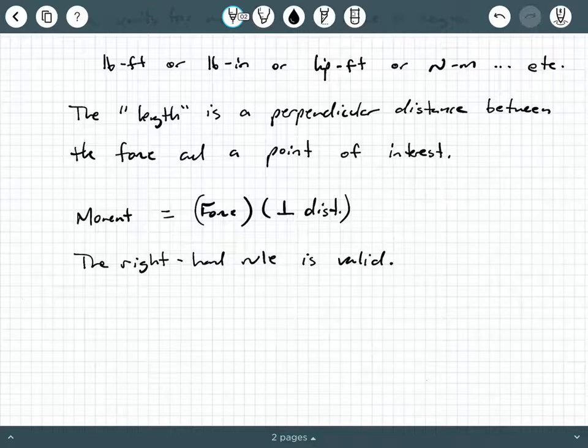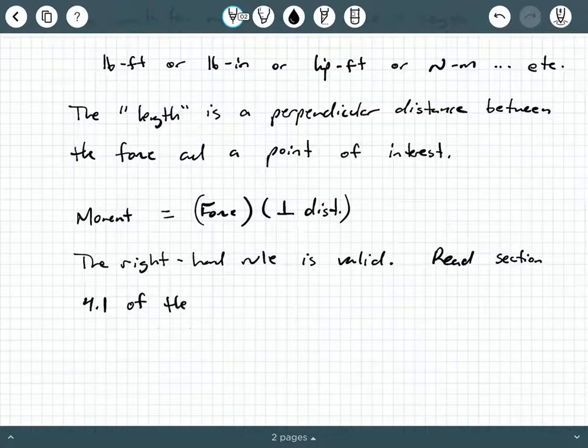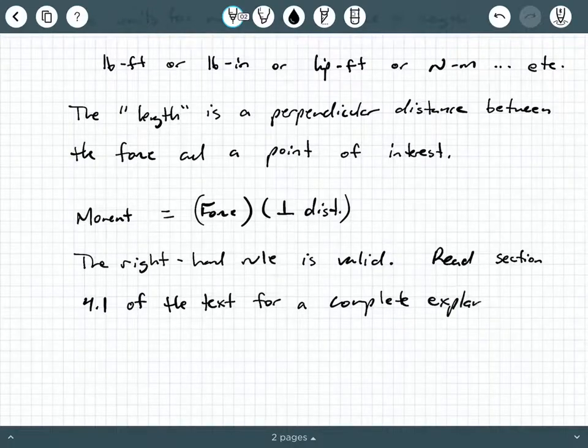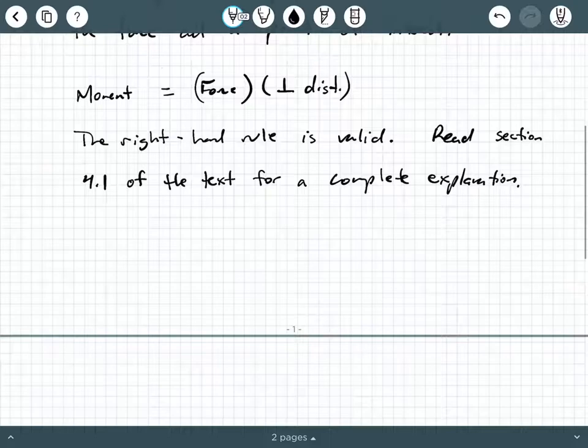So I suggest you read section 4.1 of the text for a complete explanation. So we're going to start with two-dimensional systems.